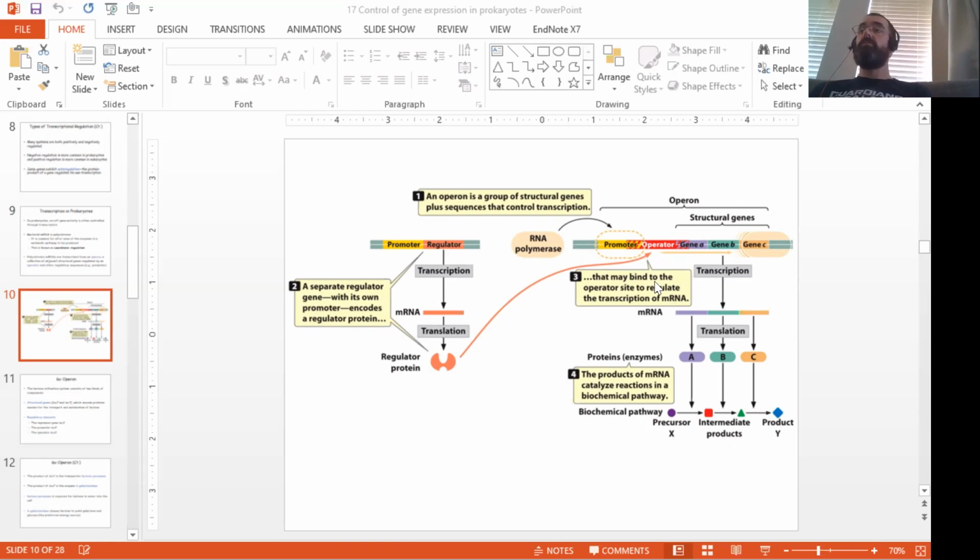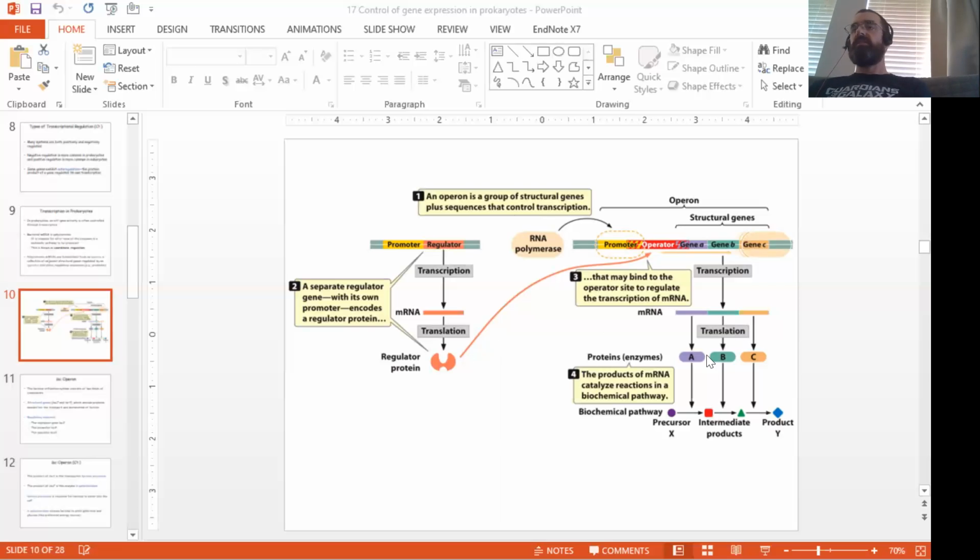So you have this two-part system. You have the operon, which encodes the stuff that needs to be made and has the regulatory regions to control the expression of those genes. And you also have a separate regulator gene, which produces a protein involved in the regulation of that operon.